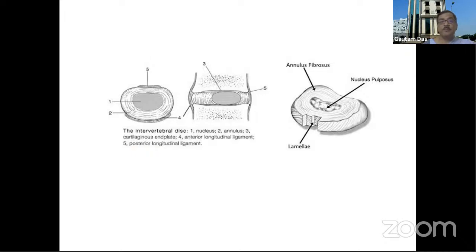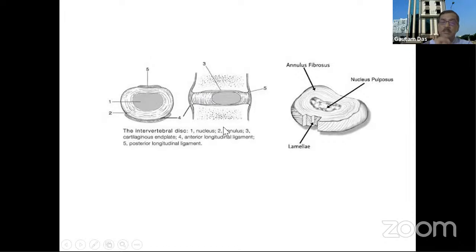In the same way, you have to remember that inside the disc there are no blood vessels as well. The blood vessels are there only in the outer one-third of the annulus and the outer one-third of the cartilaginous end plates as well.